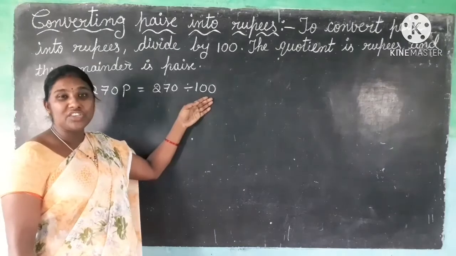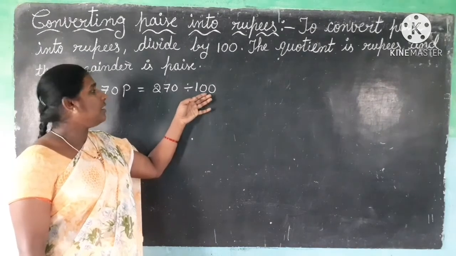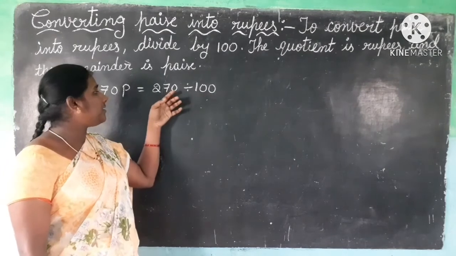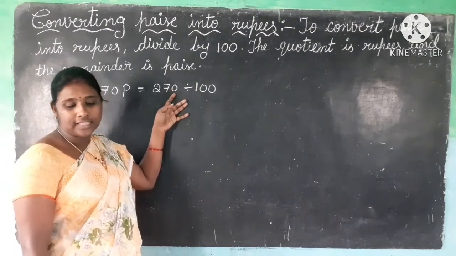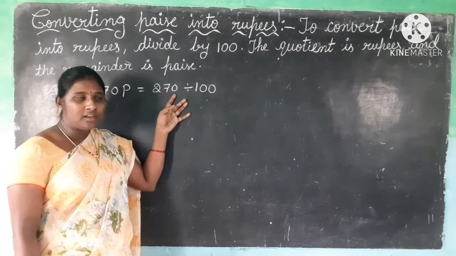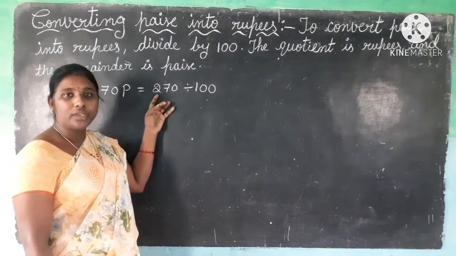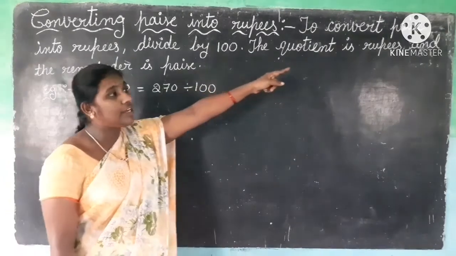While we are doing division with 100, in the 100 how many zeros? 2 zeros are there. When 2 zeros are there, the digits in the ones and tens place are the remainder and the remaining is the quotient. So here what is the quotient? 2 is the quotient. The quotient is rupees.